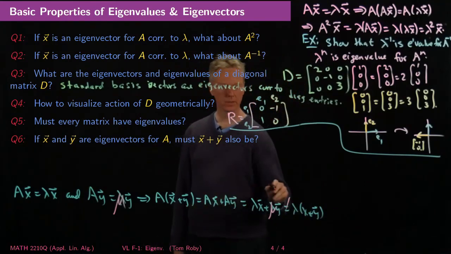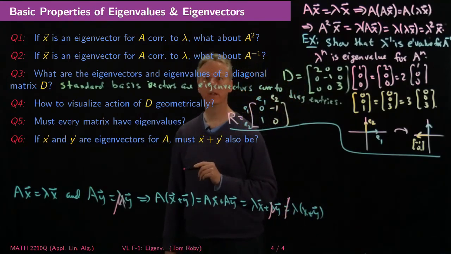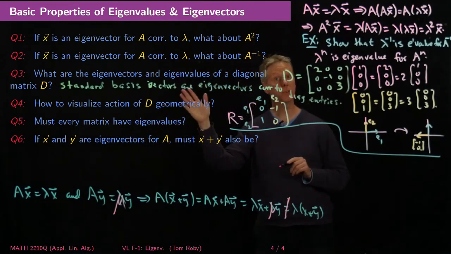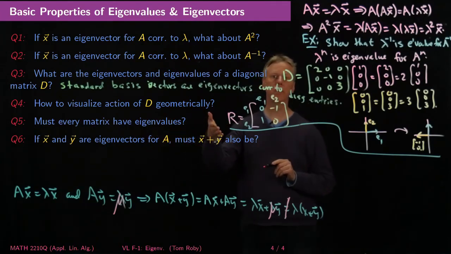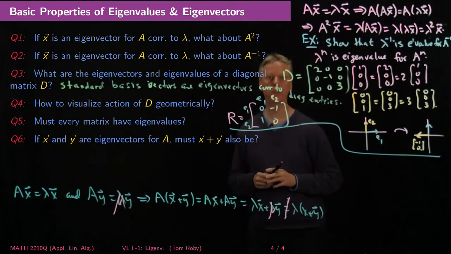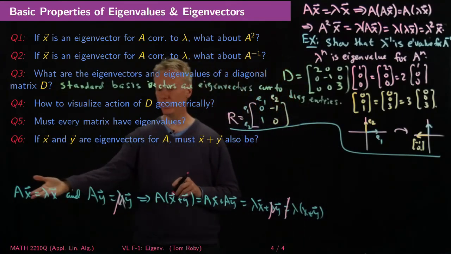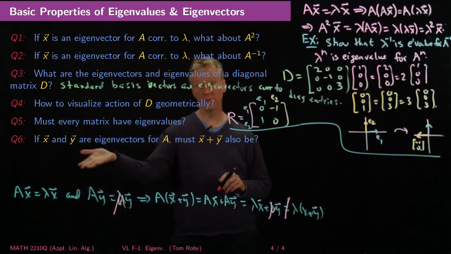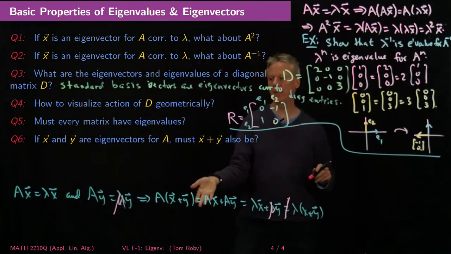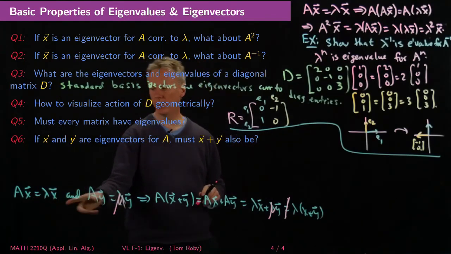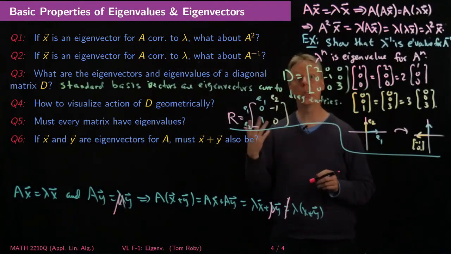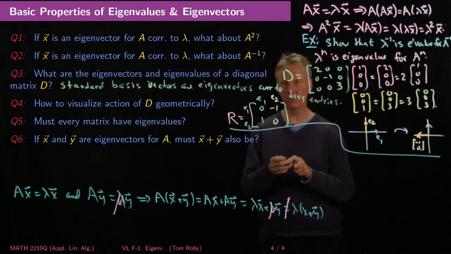So it's important: you can have eigenvectors corresponding to different eigenvalues for the same matrix, and so the sum of two eigenvectors may not be an eigenvector unless they both correspond to the same eigenvalue. And you can easily show similarly that a scalar multiple of an eigenvector is also an eigenvector for the same eigenvalue. If x and y both correspond to the same one, then any linear combination of them will. So you really have these things called eigenspaces, which are vector spaces of eigenvectors.